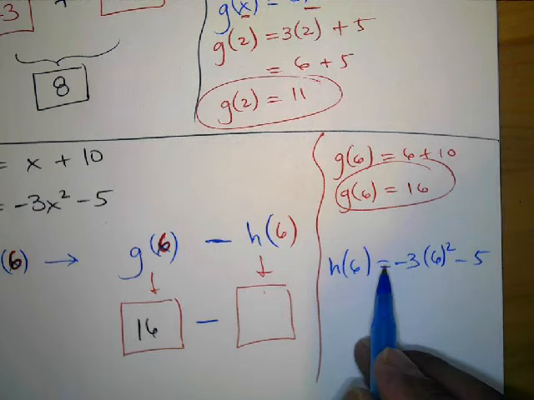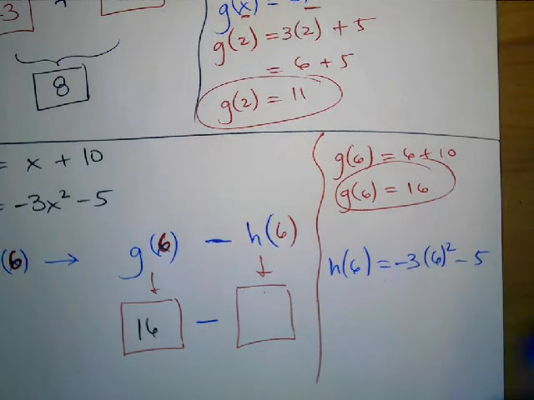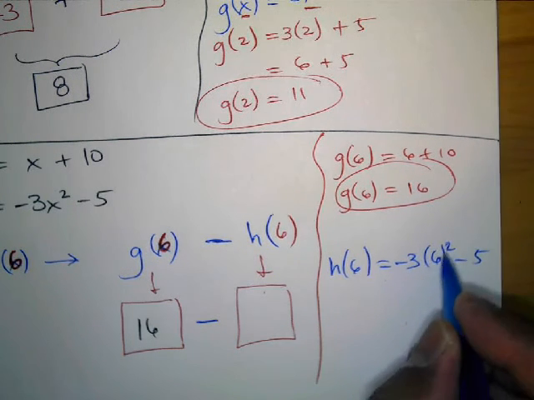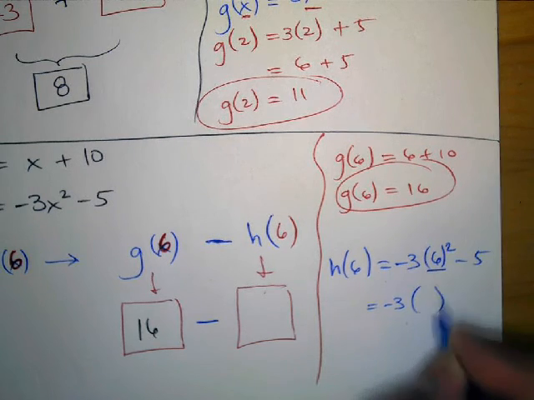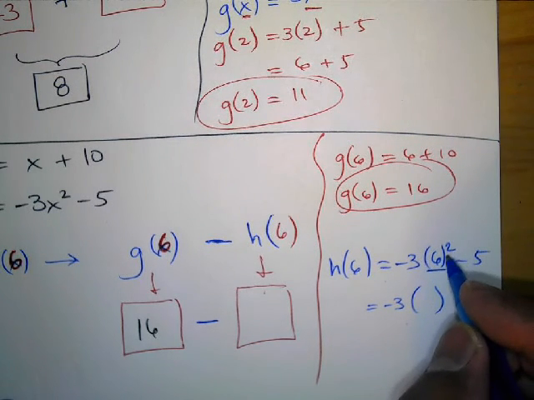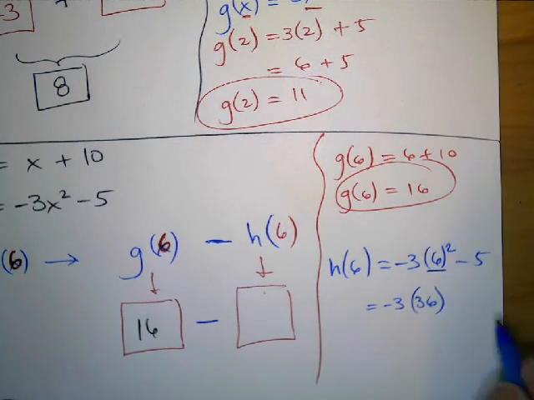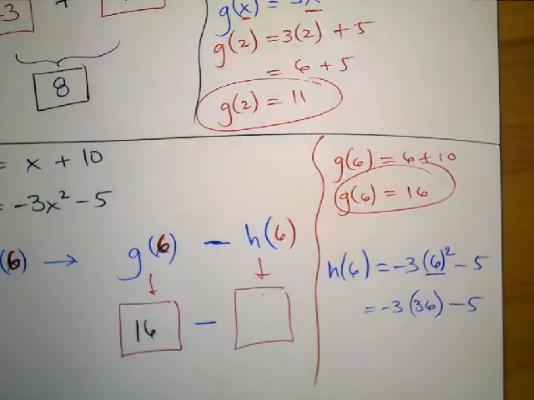Negative 3 times 6 squared minus 5, which is what I'm showing here. I'm doing the side work. And careful with this. We don't multiply first. We got to square it first, order of operations. So that's negative 3 times the 6 squared, which is 36, minus 5.